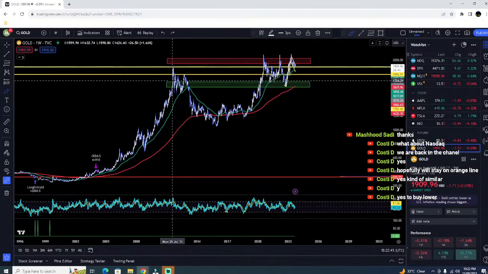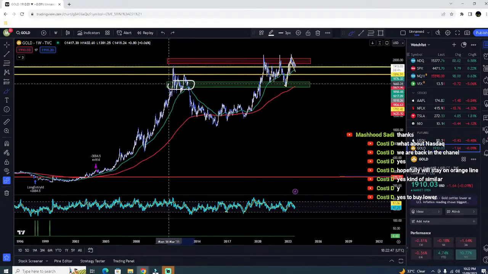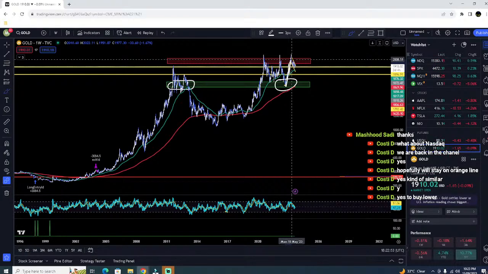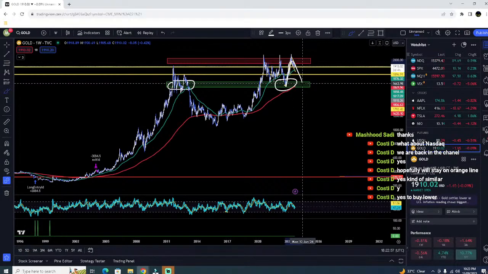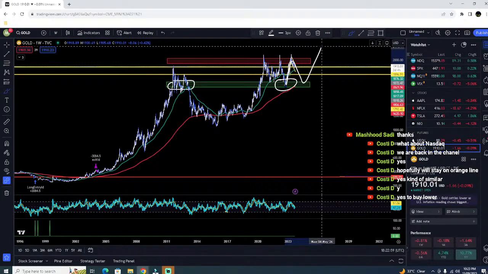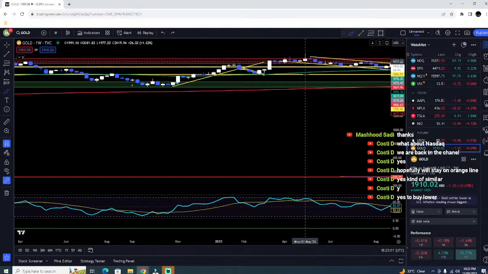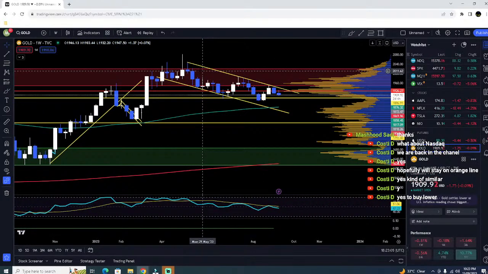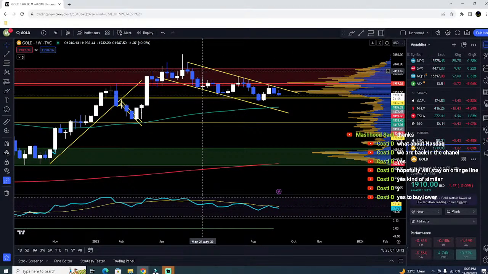Look at this action, July 2011 till 2013. So 10 years back, and recently we tested this, confirmed and bounced from here. So on the larger time frame, yes, can be a retest of this and then try to bounce. But yeah, for now we are in this bull flag, and hopefully we see a continuation towards the upside from this bull flag. This is what we want to see.